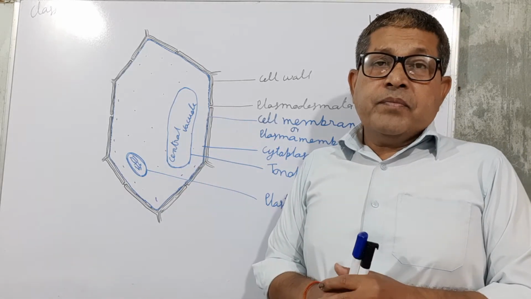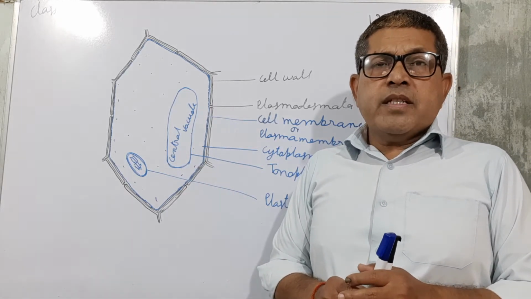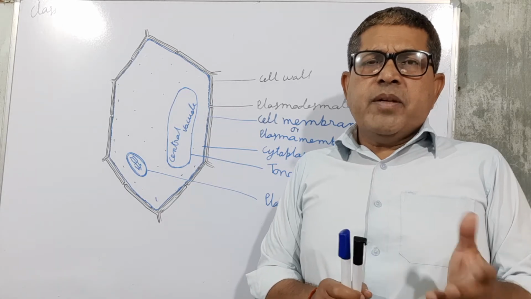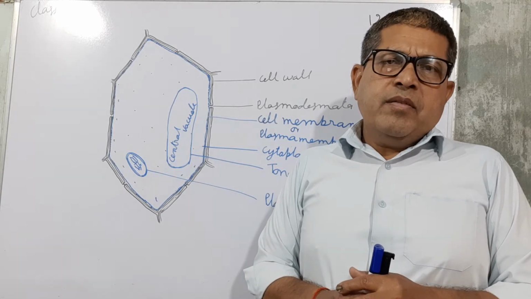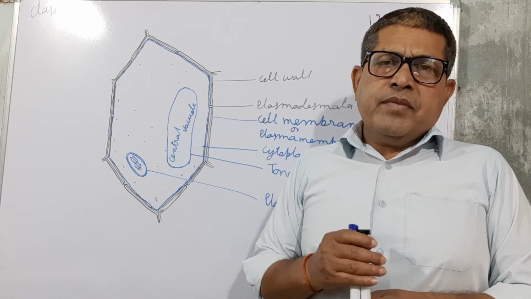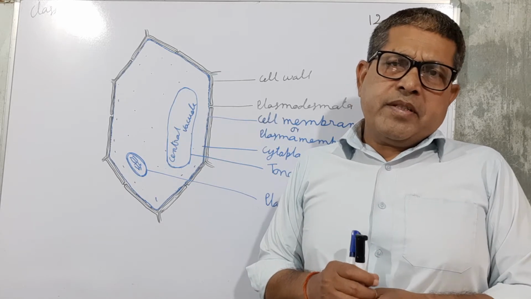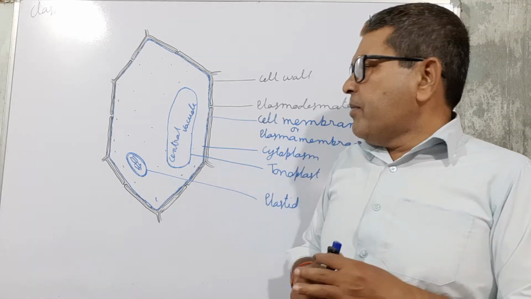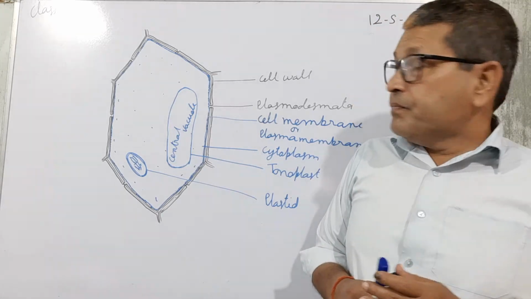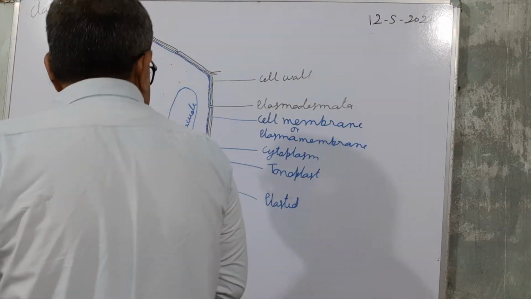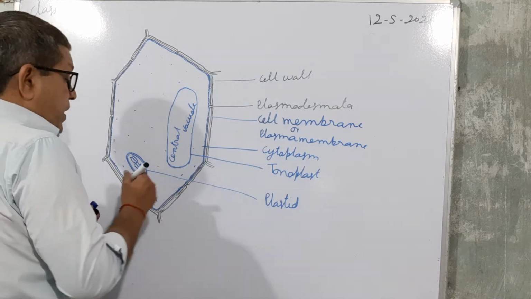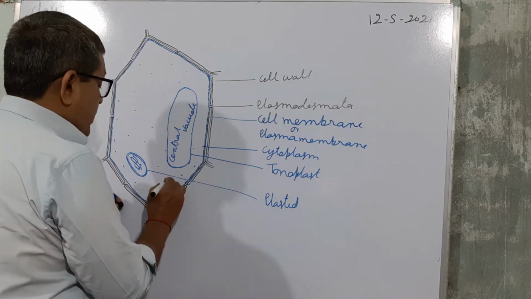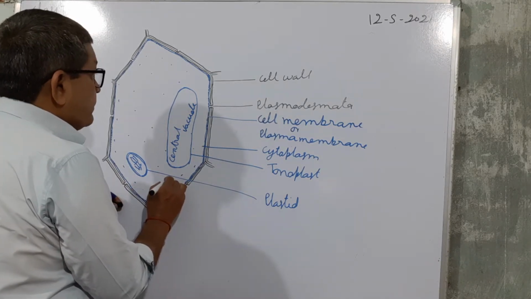While the chromoplast is meant for the preparation of food and for other purposes. We will discuss the plastids in detail later.